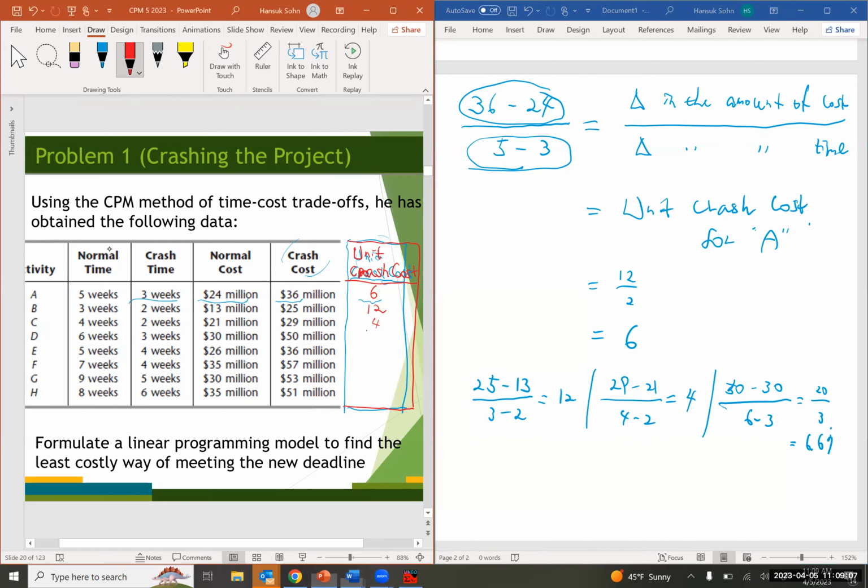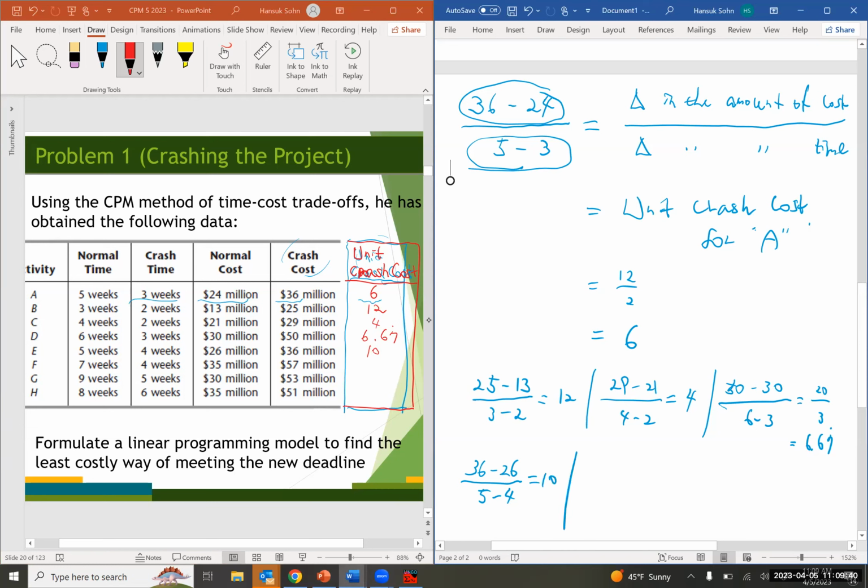So we have 6.67 for D. So if you continue on this for E, that's going to be 36 minus 26 over 5 minus 4. So that's 10, right? 10.